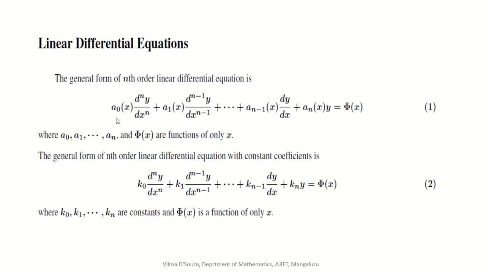Now, instead of a0, a1, etc., a(n-1) and an, if you have constants, say k0, k1, etc., k(n-1) and kn, then this nth order differential equation is known as a linear differential equation with constant coefficients.